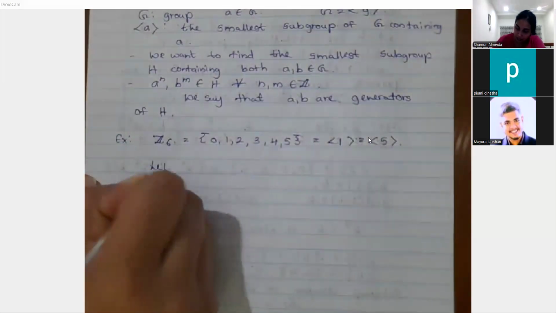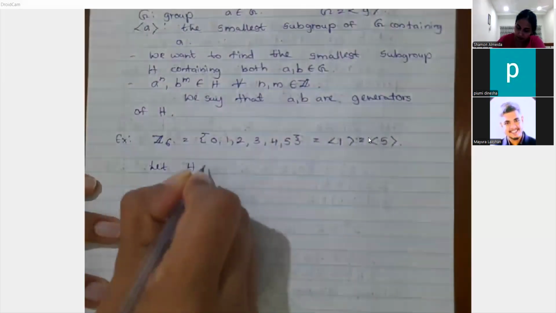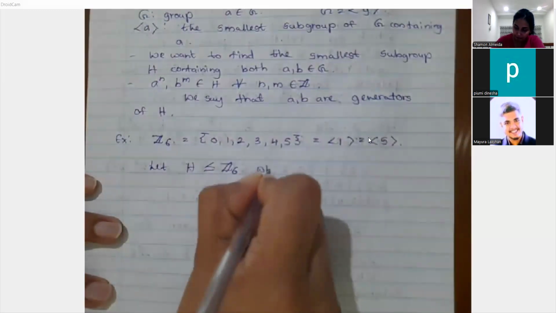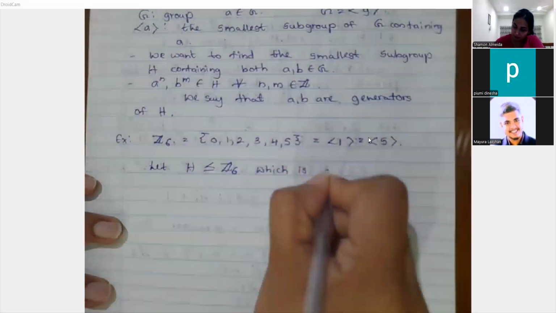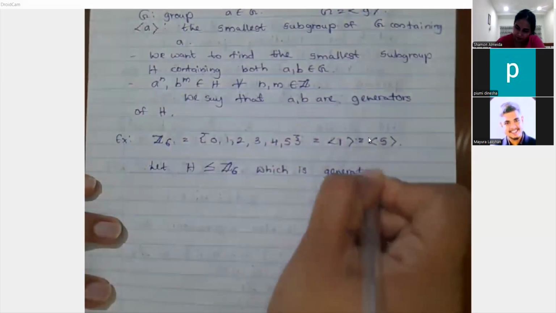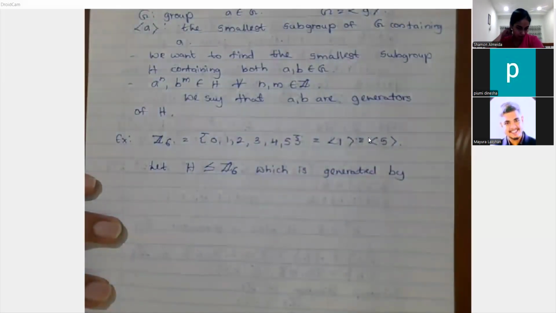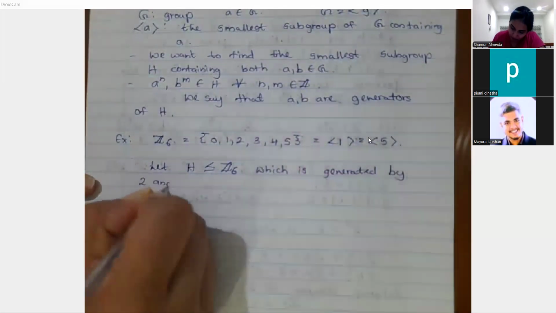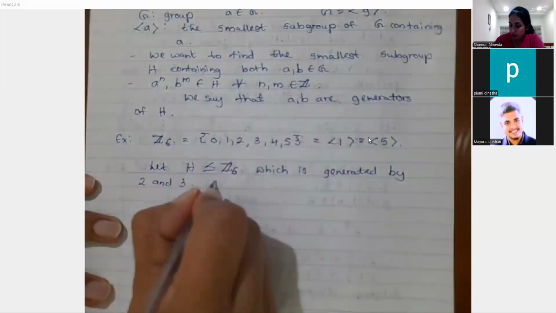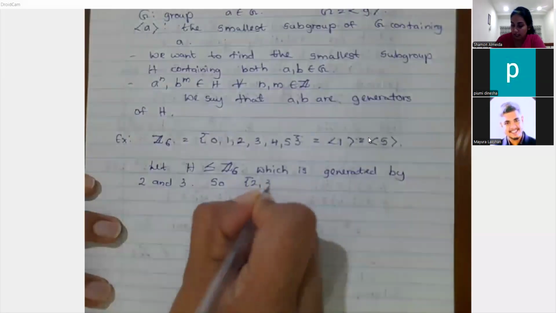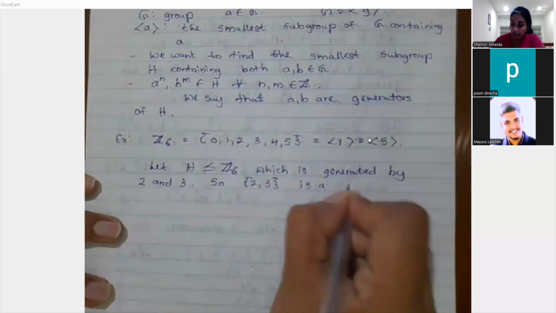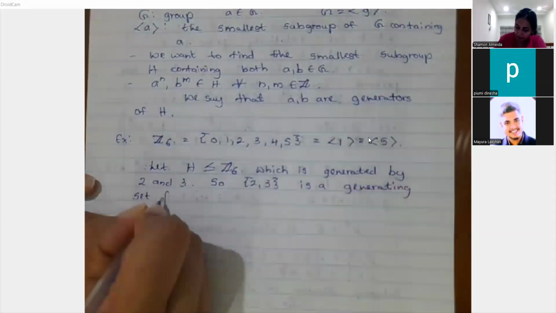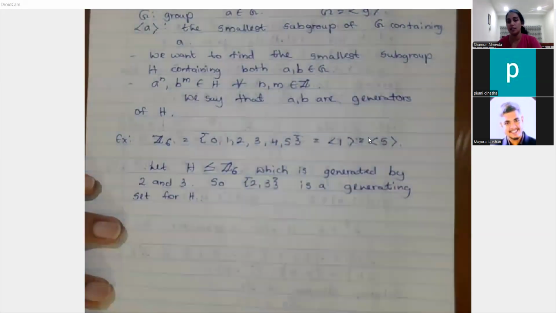Let's take H to be a subgroup of Z6 which is generated by 2 and 3, right? So this set is a generating set for H.